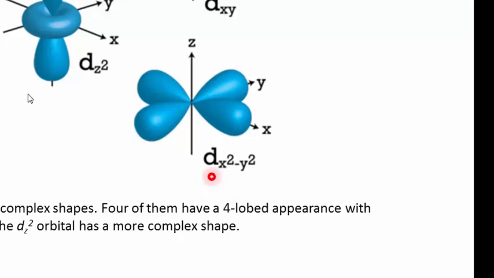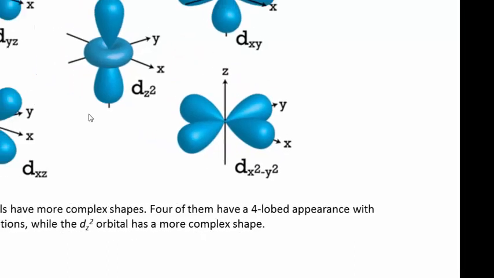What you'll notice about a d orbital is that it has 4 lobes and a node right in the middle where the nucleus is. In dx squared minus y squared, these 4 lobes lie along the x-axis and the y-axis, and nothing along the z-axis.